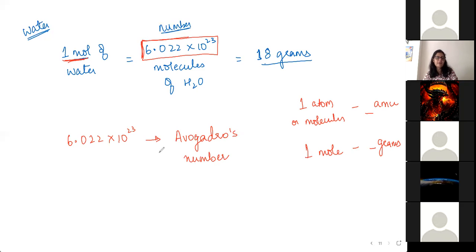Okay, and Avogadro's number, if you want to write it in short form, it is also represented as Na. So N subscript A. A for Avogadro, N because it's a number, just a natural number.